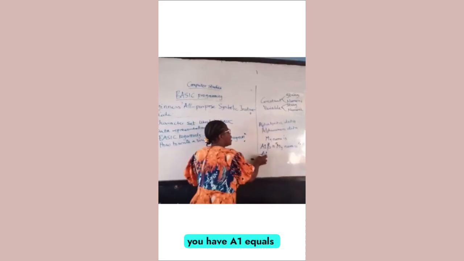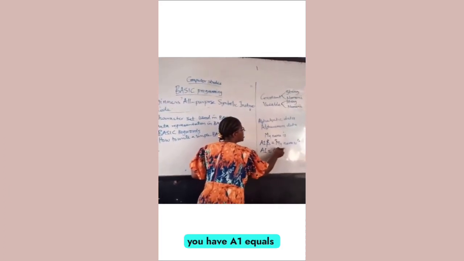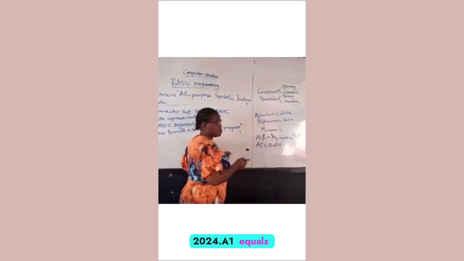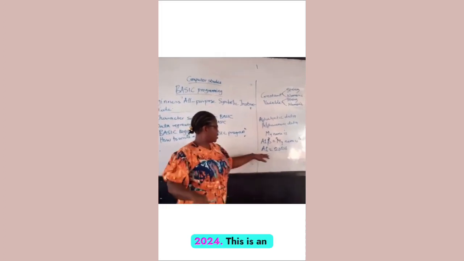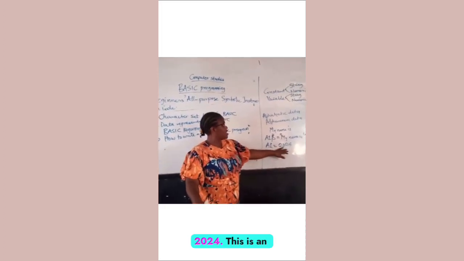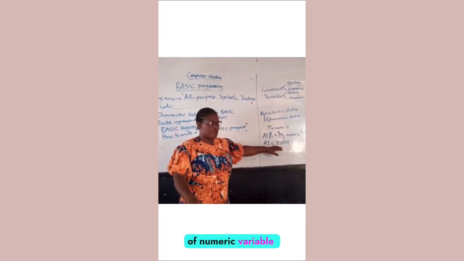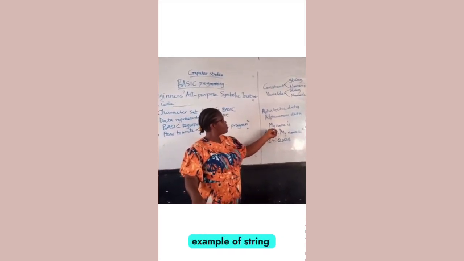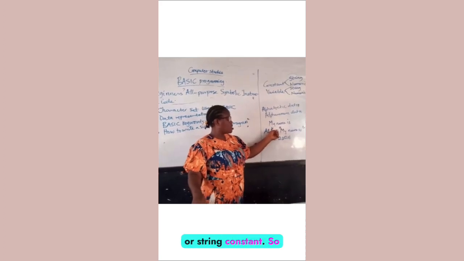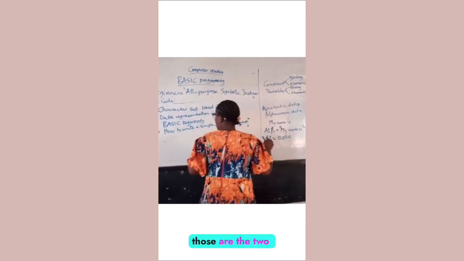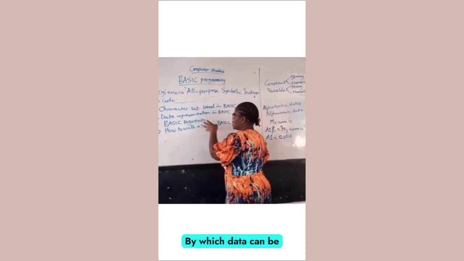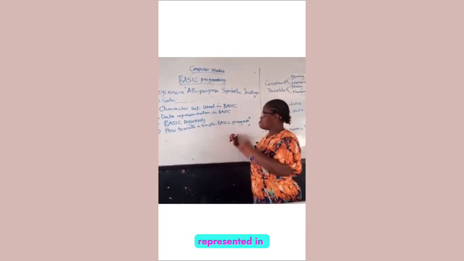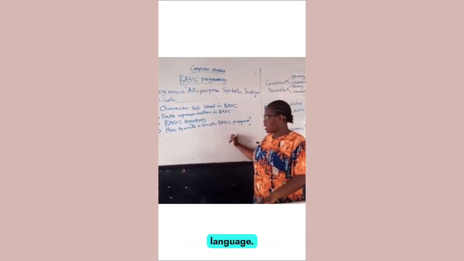For example, you have A1 equals 2024. This is an example of a numeric variable or numeric constant, while this is an example of a string variable or string constant. So those are the two ways by which data can be represented in the BASIC programming language.